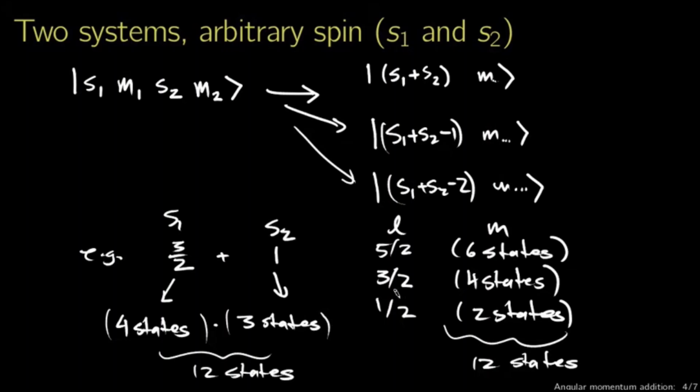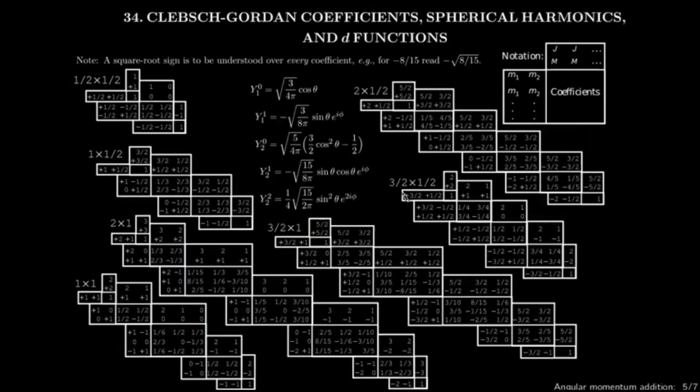The actual way in which you calculate how to express superpositions of S1 and S2 in terms of L and M involves something called Clebsch-Gordan coefficients, and they're bloody complicated. This is a page from the Particle Data Group, which is a group of particle physicists who come up with internationally accepted values for physical constants, for instance, like that g factor number.